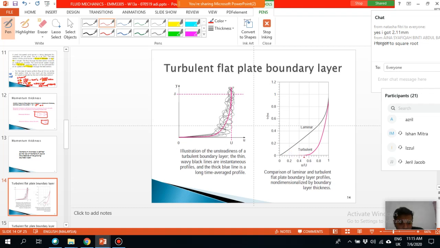Turbulent starts from, for example, 0.5, then starts to increase. But when we take the gradient, the gradient of laminar is lower than the gradient of the turbulent, because the turbulent is steeper. Just start, then it directly increases.